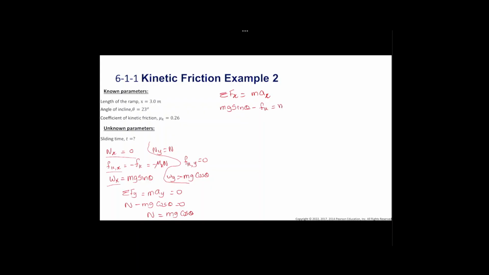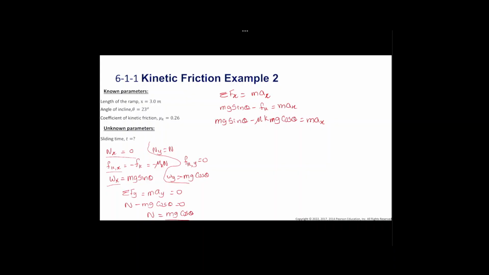This is equal to mass times ax. And we know that the kinetic friction Fk is mu k times N. The normal force we found here, mg cos theta. So we can write mg sin theta minus mu k mg cos theta equals mass times ax.